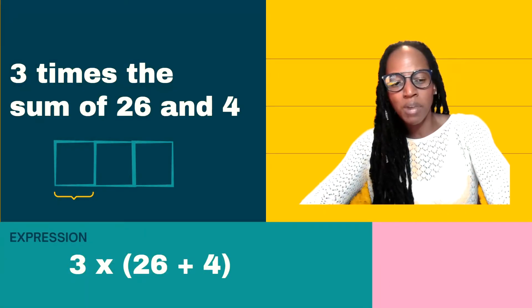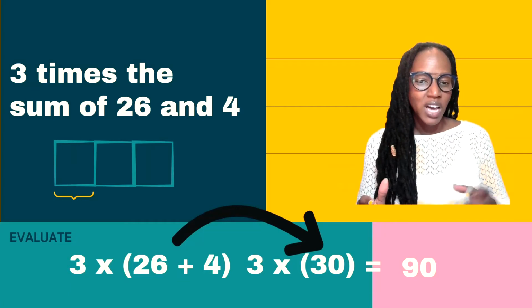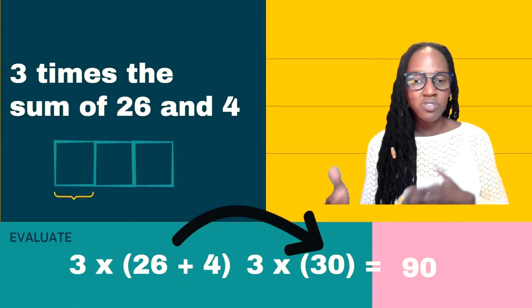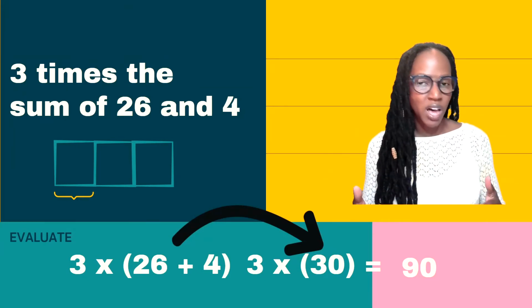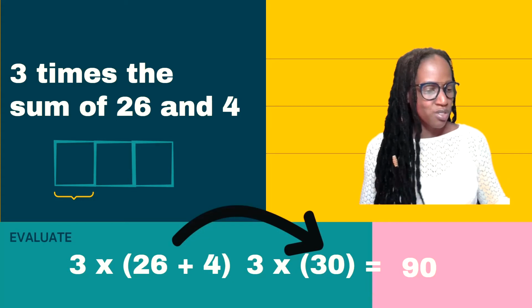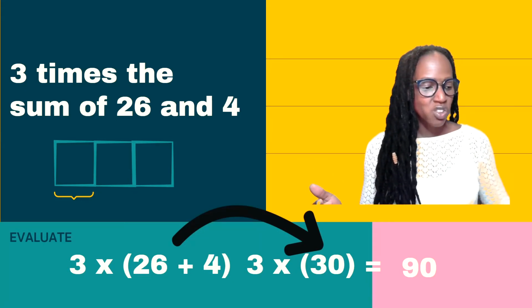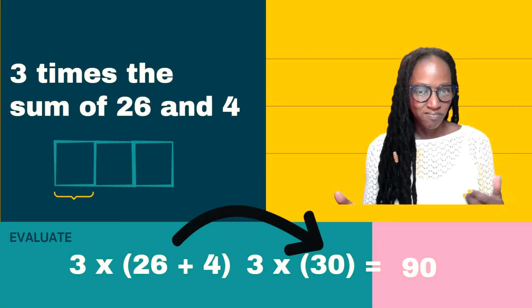And here's how I might do it. I might replace the sum of 26 and 4 with 30, and then I'm going to multiply or use repeated addition. 3 times 30 will give me 90. So the value of this expression is 90.